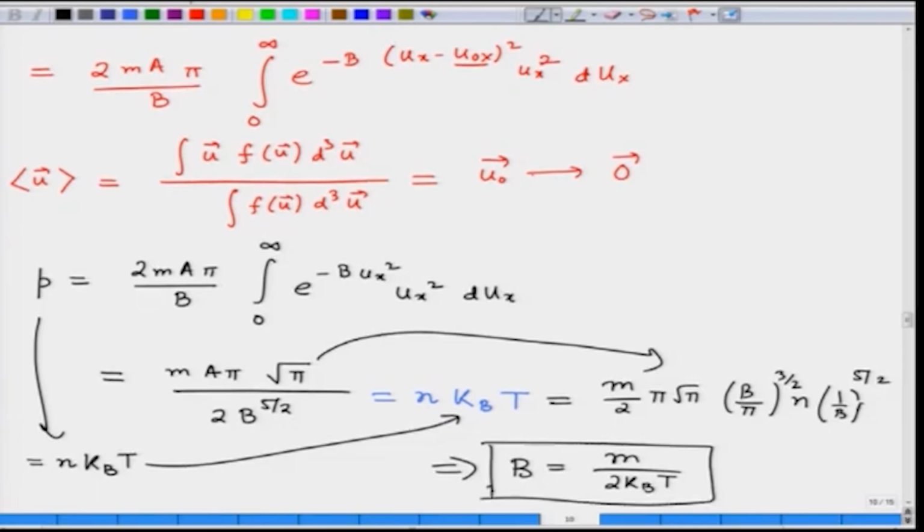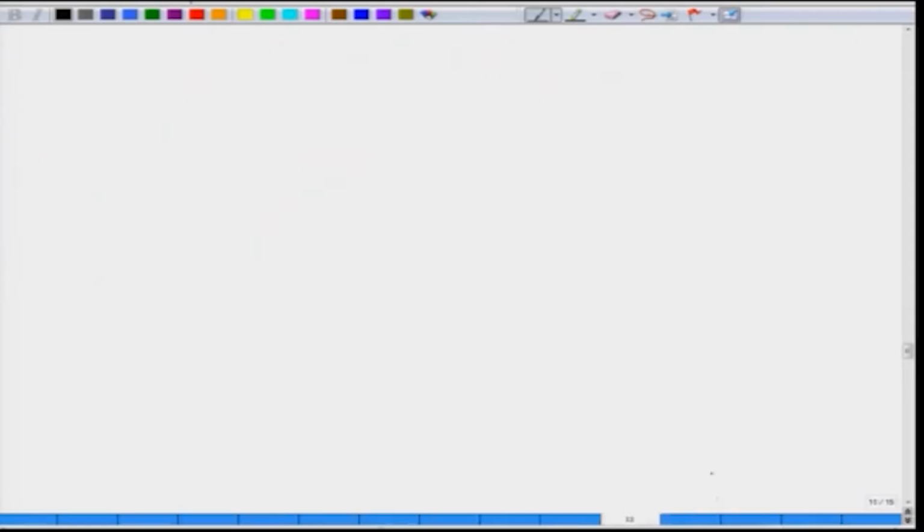If B is equal to m by 2 kBT, then B is expressed in terms of the properties of the system exclusively. Of course, here additionally we have introduced the temperature of the system. Now, A will simply be n times m by 2 pi kBT to the 3 by 2.